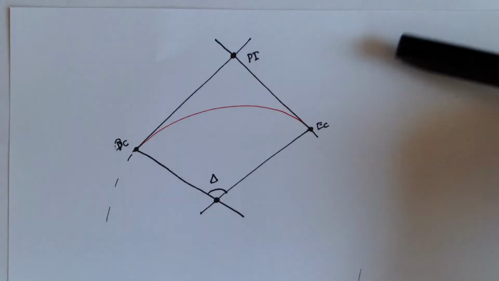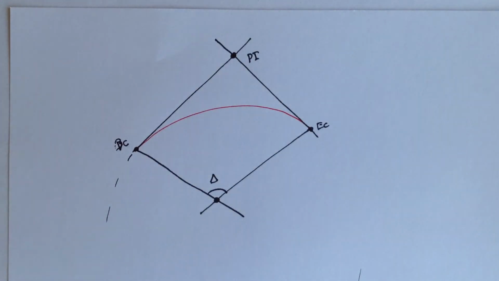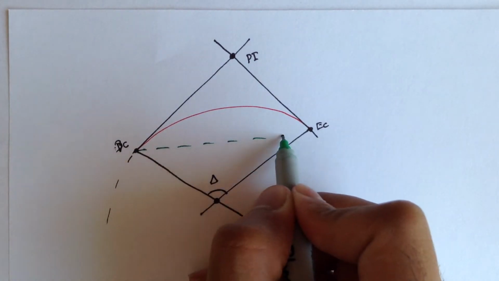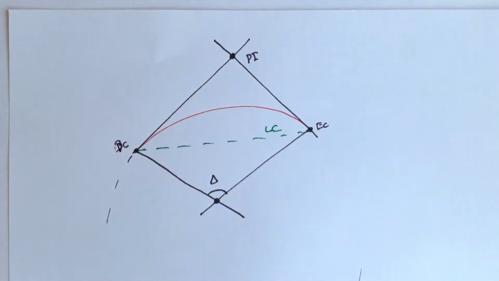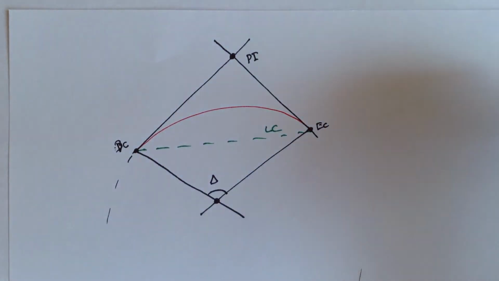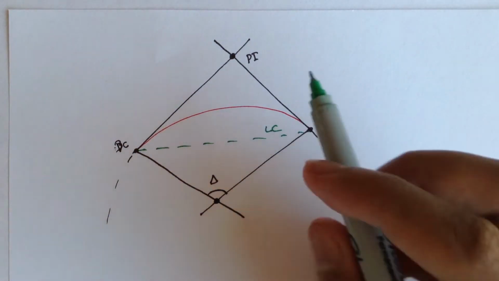We also discovered that the distance from the BC to the EC, or this distance right here, that's called the long chord. It's the straight distance from the beginning of curve to the end of curve. Now, the middle ordinate is the distance from the long chord to the curve.